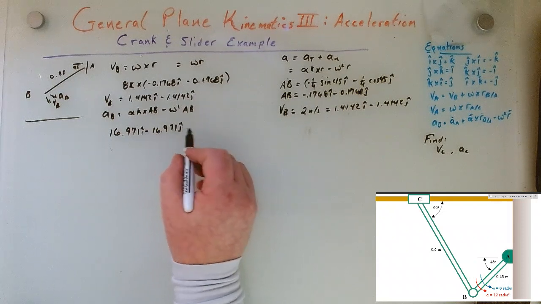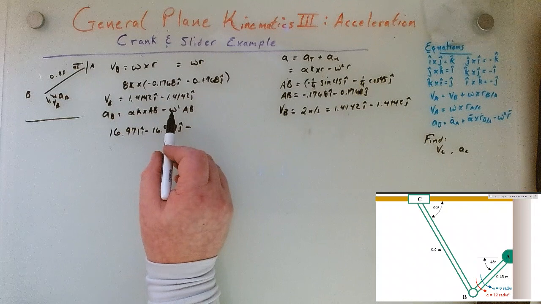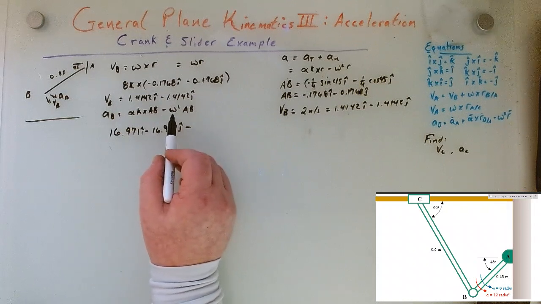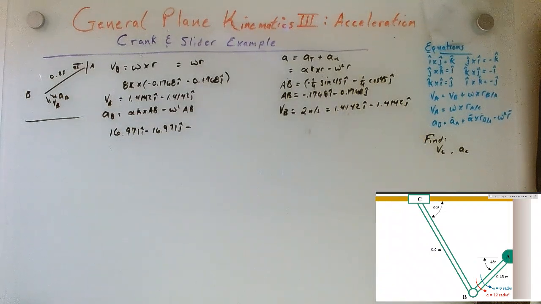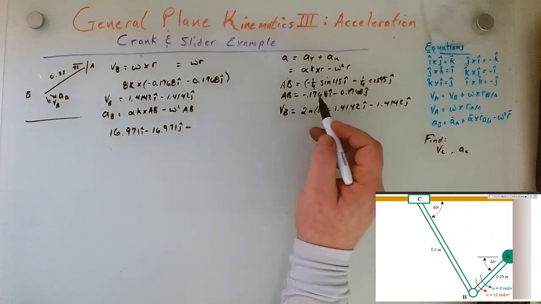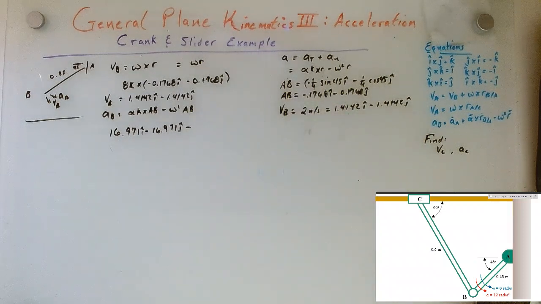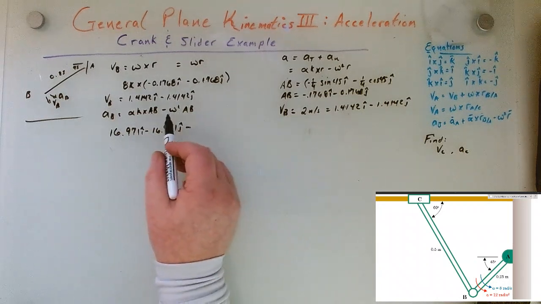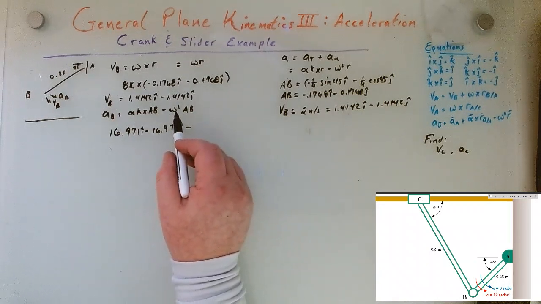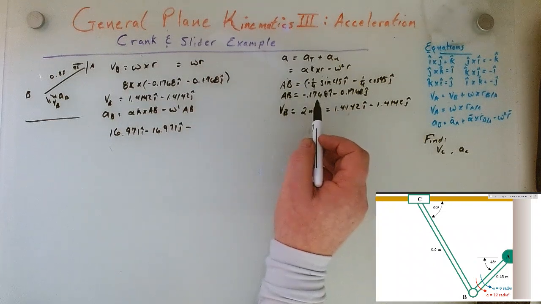And then minus omega squared, which is 64, times these. 64 times 0.1768 gives us 11.3152.